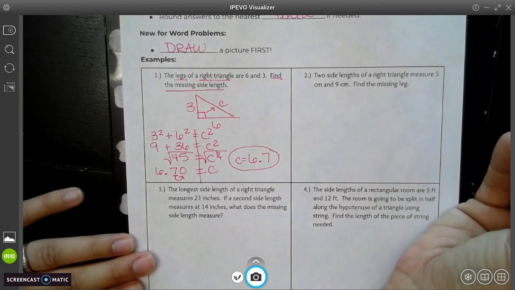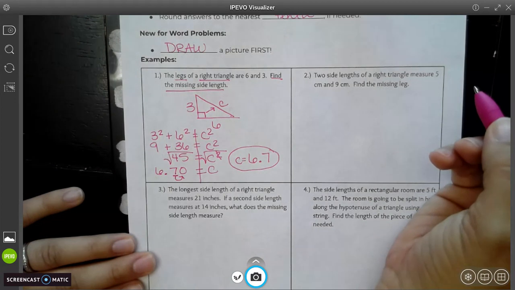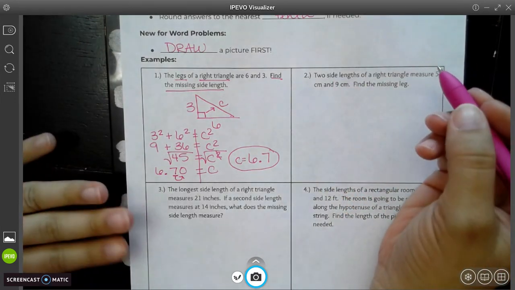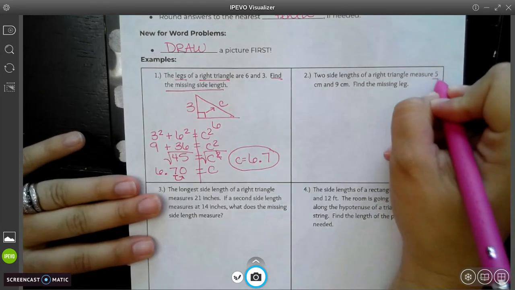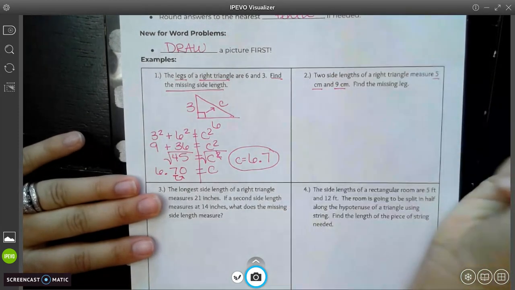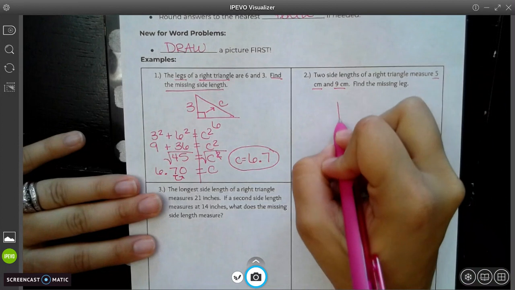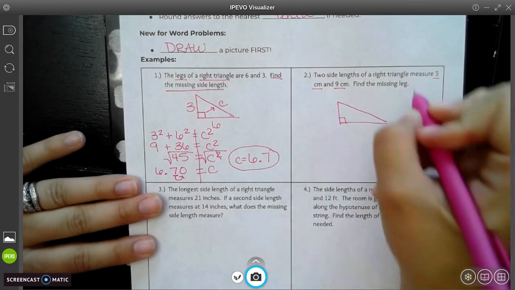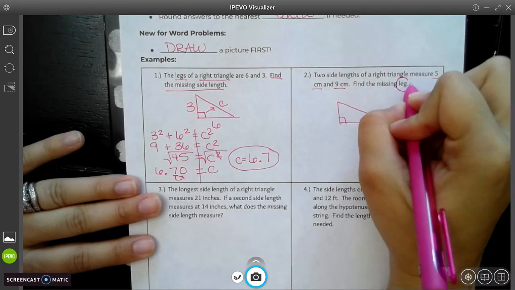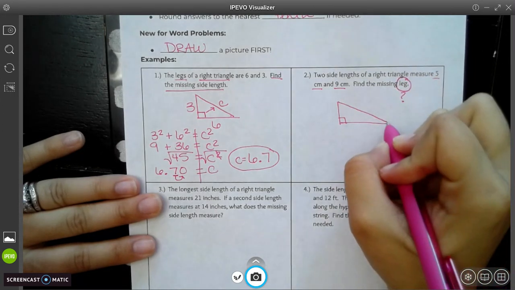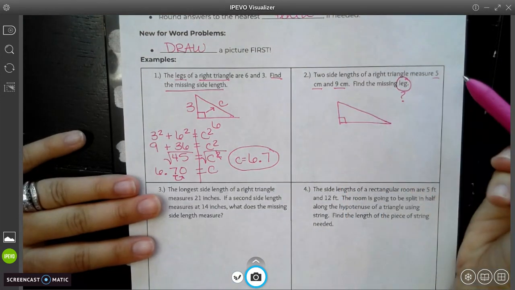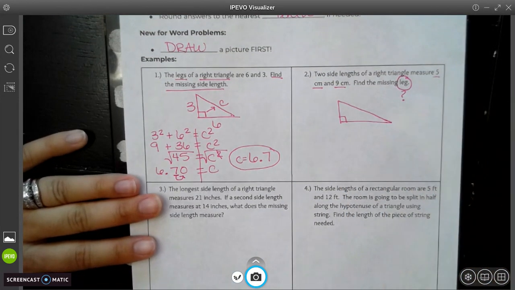All right, number 2 says 2 side lengths, so we don't know yet which ones they are, of a right triangle measure 5 centimeters and 9 centimeters. And then it goes on to say, find the missing leg. So one of the legs is missing. So that means one of the 2 numbers that they gave us, either 5 or 9, has to be the hypotenuse.